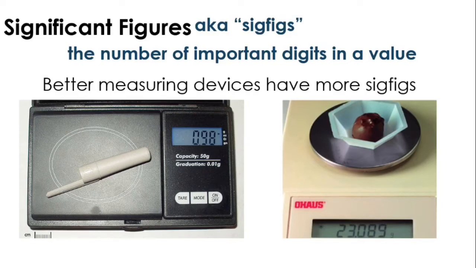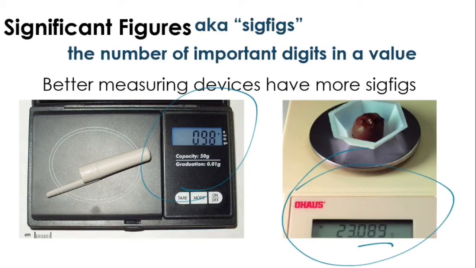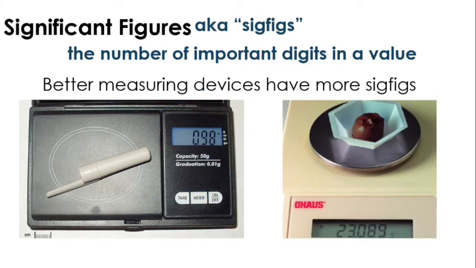And even before we learn all about significant figures, looking at these two scales, you can tell that the one on the right is slightly better than the one on the left just because it gives us more digits there. So that's what this is all coming back to, is making sure we understand the importance of our measurements and what they mean for the calculations we're going to do with them.